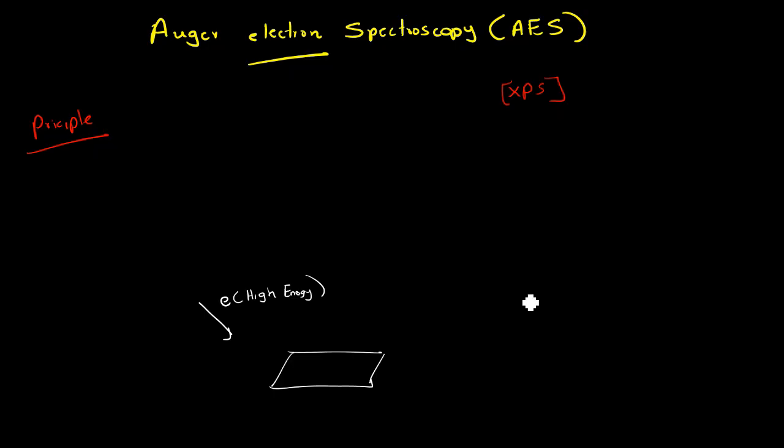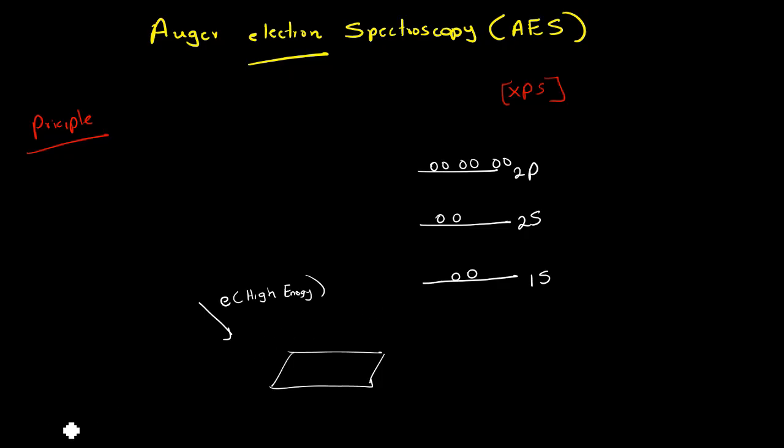If I take a particular element, there are electrons in different energy levels. There are 2 electrons here, 2 electrons here. Let's say this is the s state and this is the p state, like 1s, 2s, 2p. So there are electrons in different energy levels.